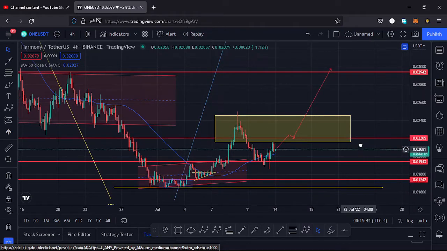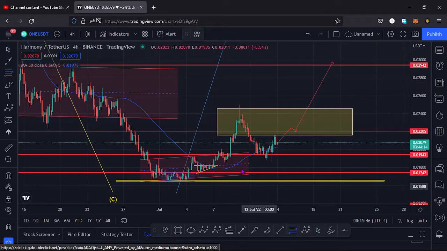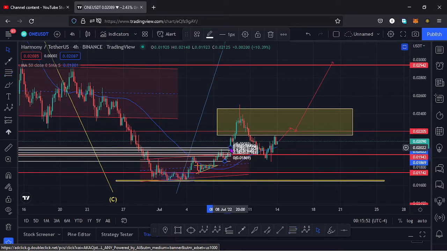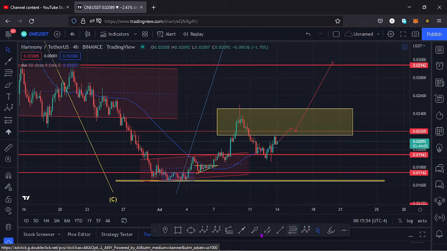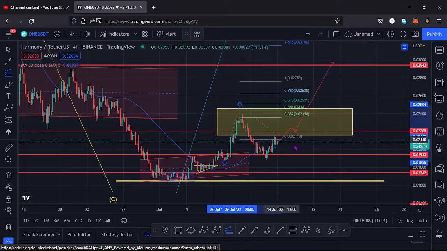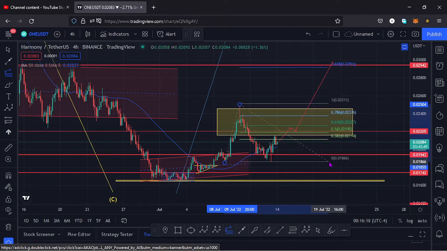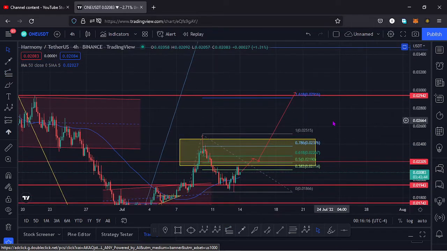key area of resistance. And if I also apply the trend-based Fibonacci's to try and get a target area for that movement to the upper side, so the trend base from this low that we made down here to that high, then drag the Fibonacci's to that low, you can see we get a target area perfectly at around the $0.029 mark, where we have our next key area of resistance.